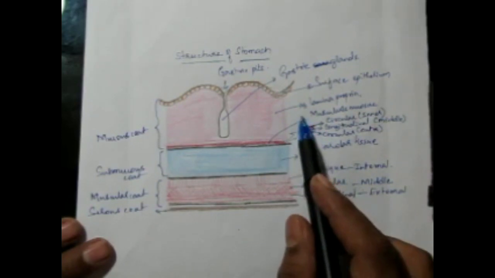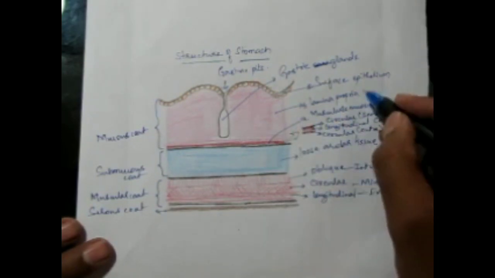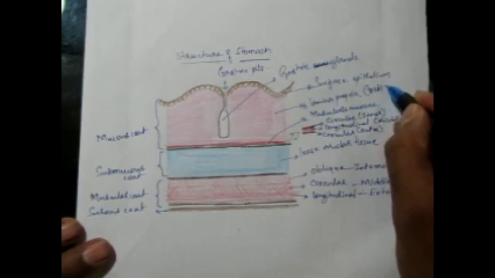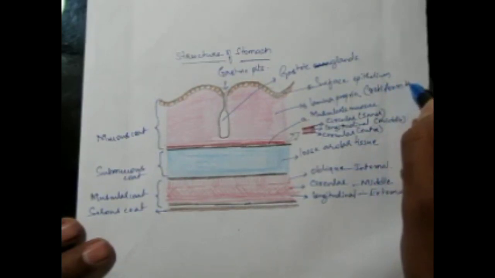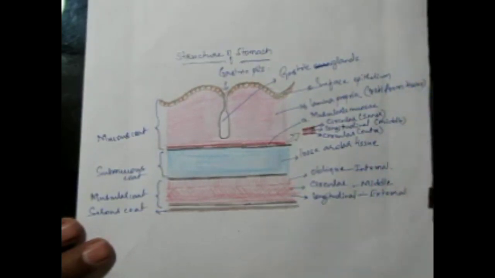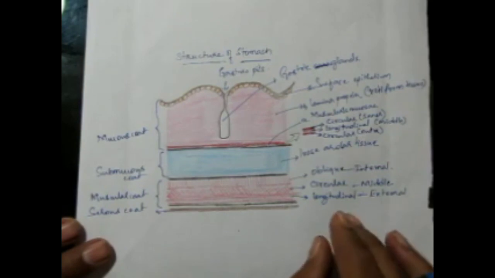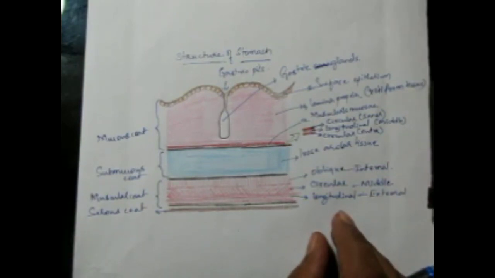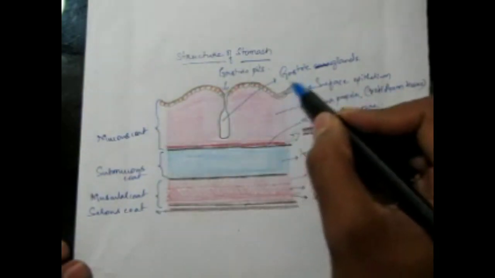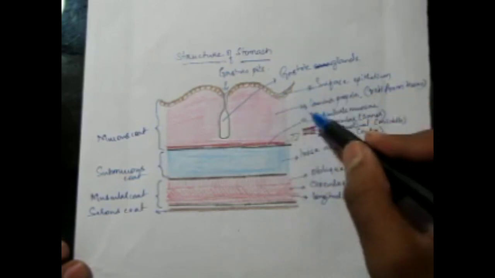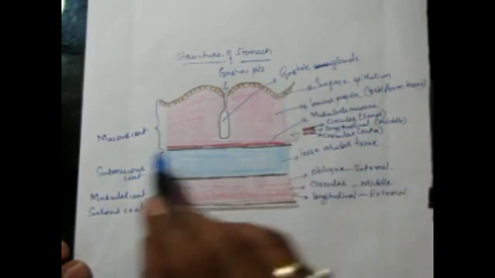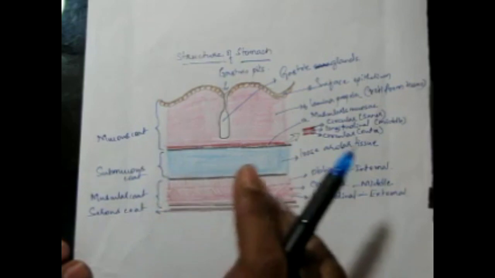Lamina propria is made up of retiform tissue. And the surface epithelium is an epithelial membrane. The folds of the mucous surface epithelium through the lamina propria of the mucous coat will form rugae.